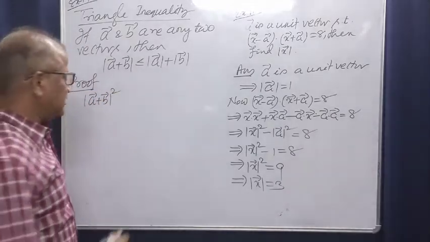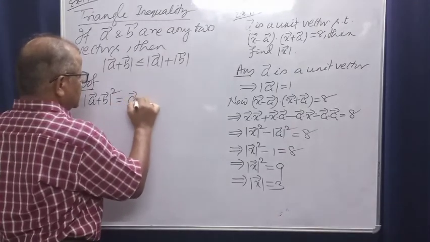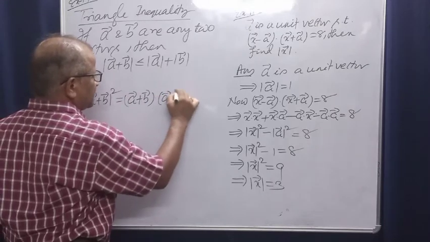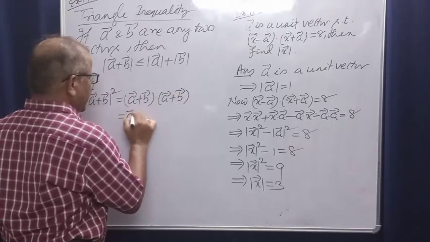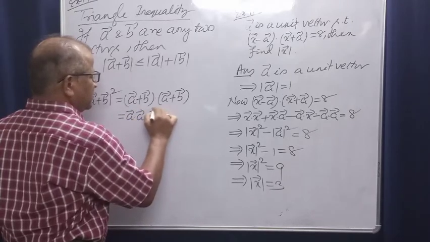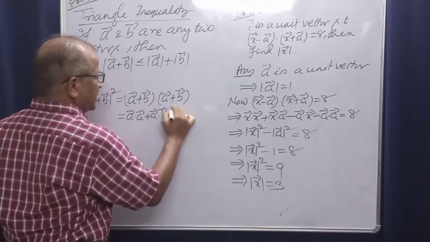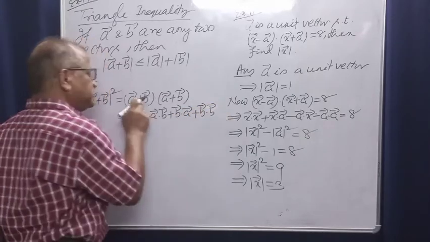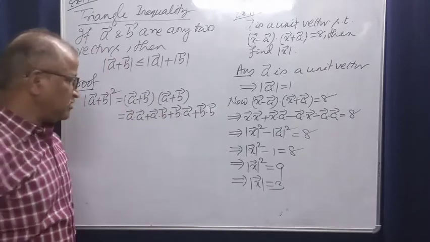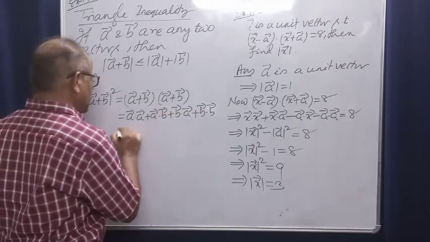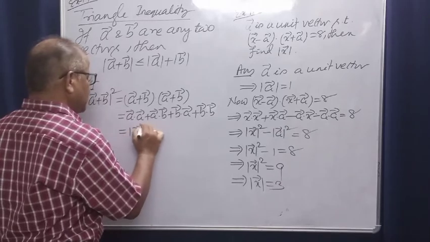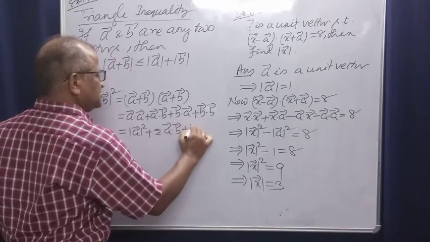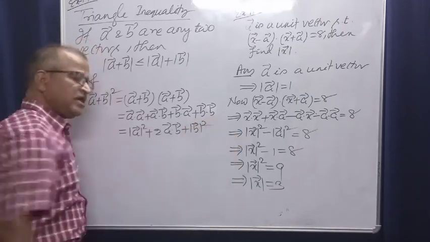It is A plus B dot A plus B. That is A dot A plus A dot B plus B dot A plus B dot B. By distributive law, you can multiply. Yes, A dot B is same as B dot A, so we can write it as magnitude of A square plus 2 A dot B plus magnitude of B square, right?